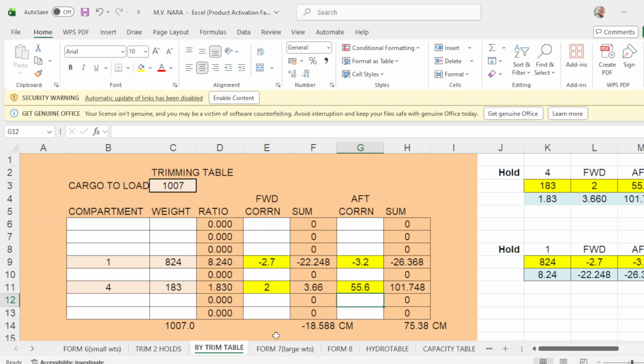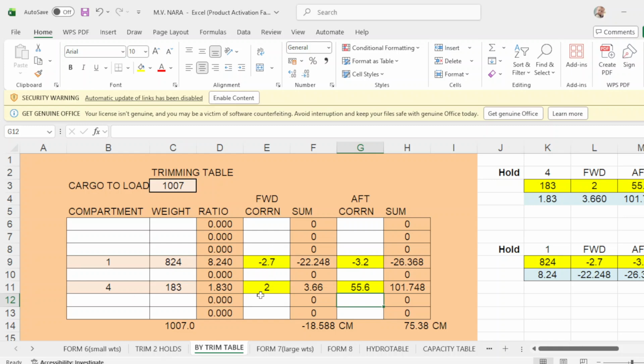Now, assuming that upon looking at the trimming table in your loading manual, the correction forward and aft of hold number 1 is this one, and aft is negative 3.2, forward is negative 2.7.